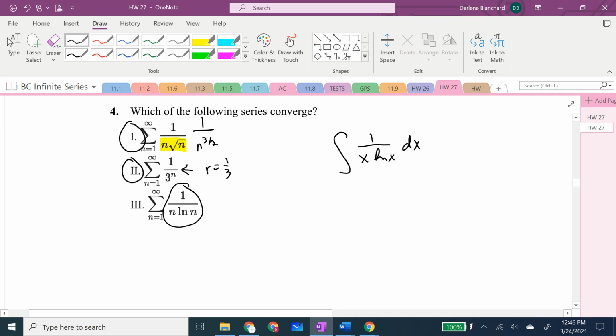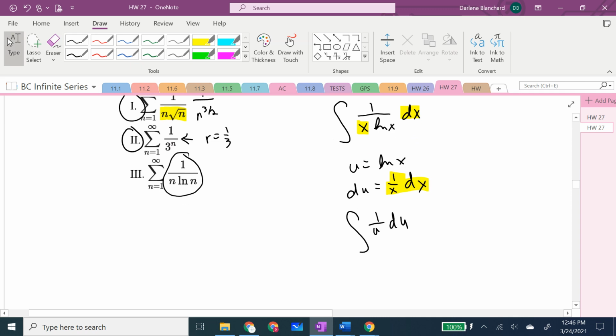If I had to integrate this, I would do a u substitution of natural log x. The derivative is then 1 over x dx. That will cause this integral to change into 1 over u du. When I integrate 1 over u, I get natural log of u. I put the original u in, I get the natural log of x.